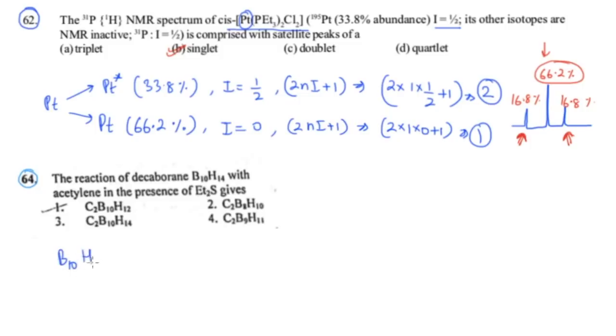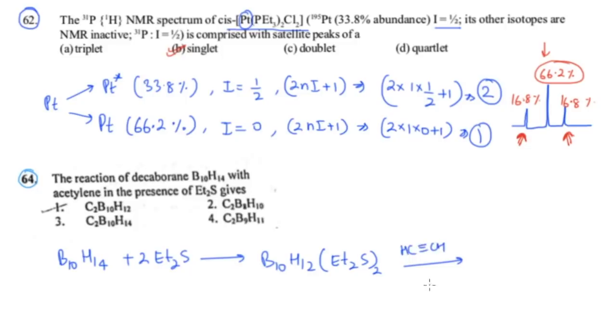So it's B10H14. Now when you react it with 2 moles of Et2S, first of all you will get B10H12, where 2 of the hydrogens are replaced by Et2S. Then in the next step, you are treating it with acetylene, CH triple bond CH, and the 2 moles of Et2S will be removed and hydrogen gas will be evolved.